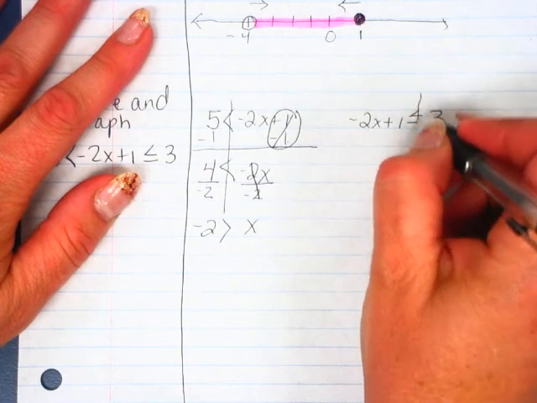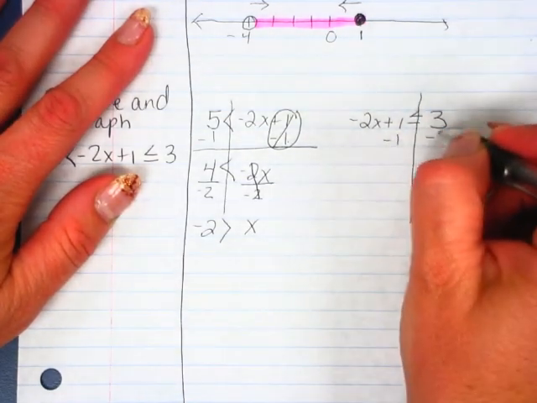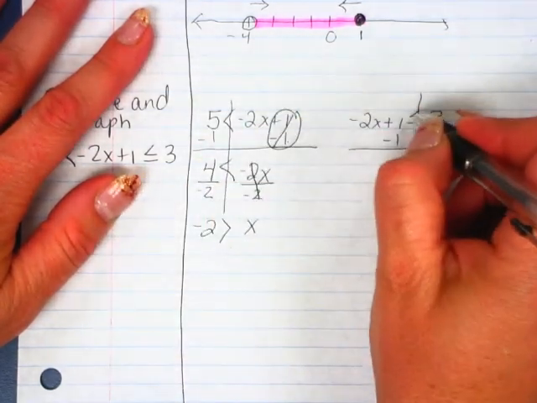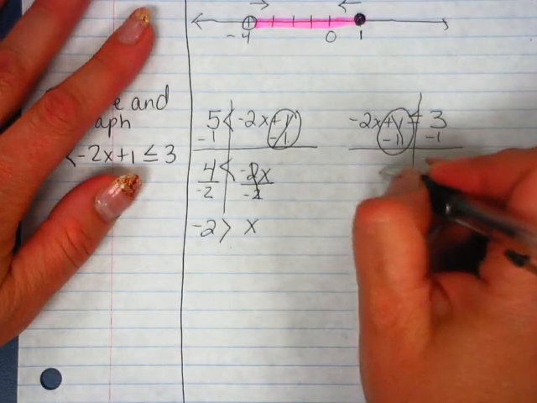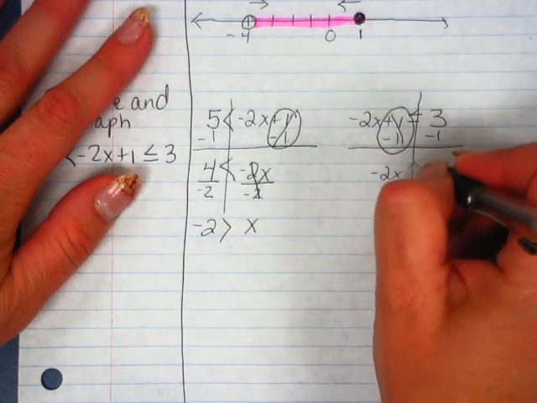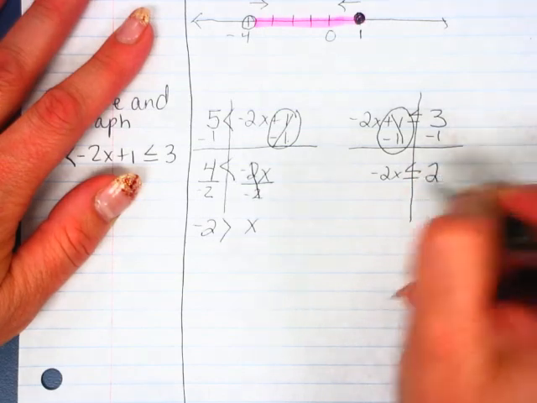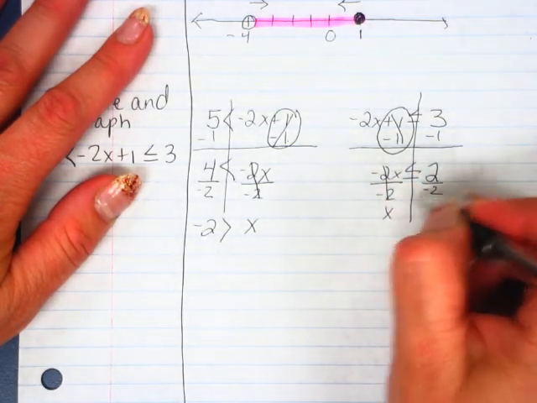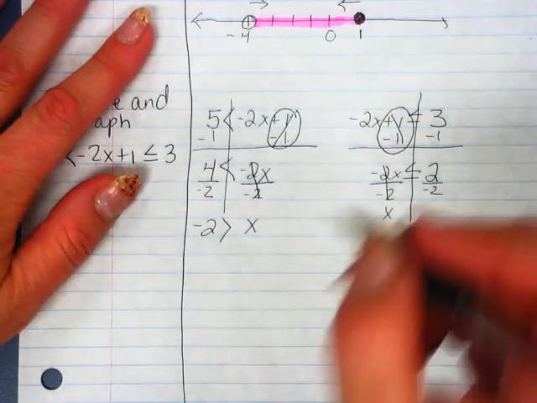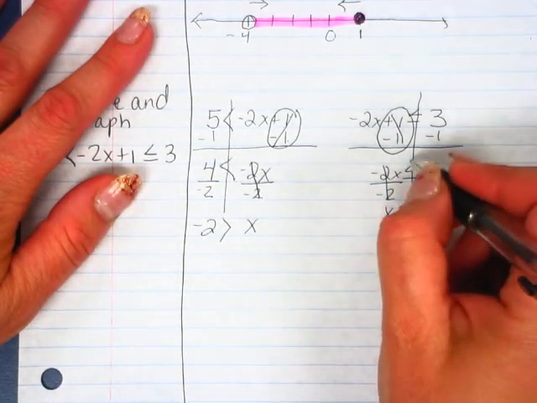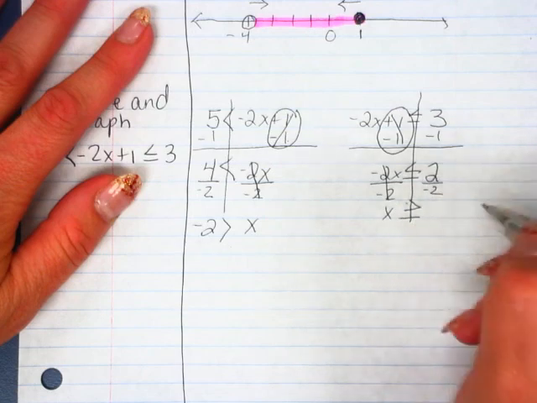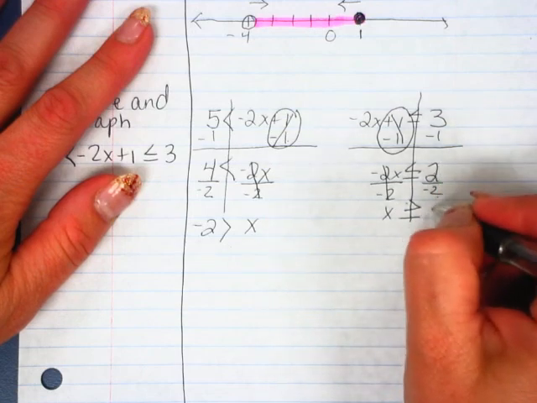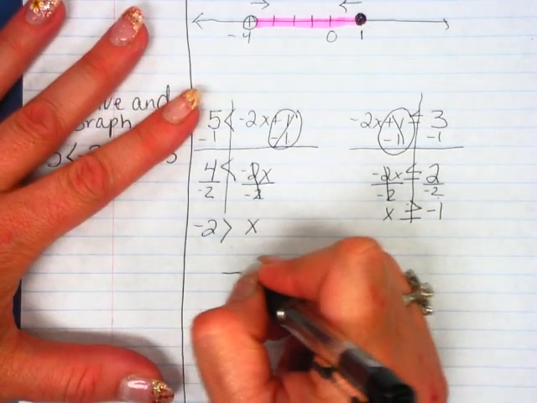Over here, opposite operations, subtract 1 from both sides, same steps, different problem. So negative 2x is less than or equal to 2. Dividing again by that negative 2, x is, and because we divided by the negative 2, we're switching the sign from a less than to a greater than. 2 divided by negative 2 is negative 1.